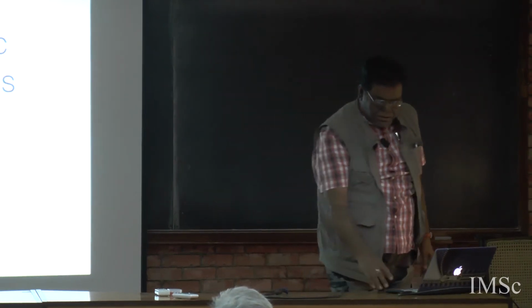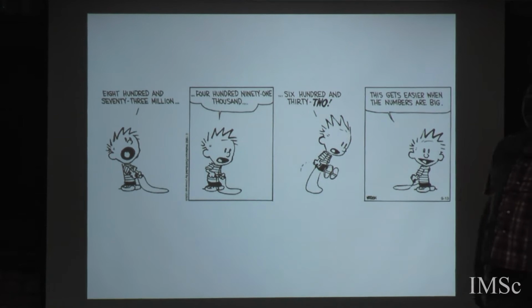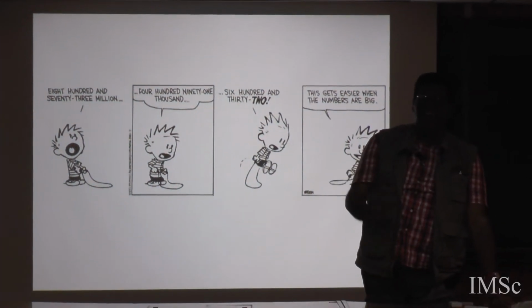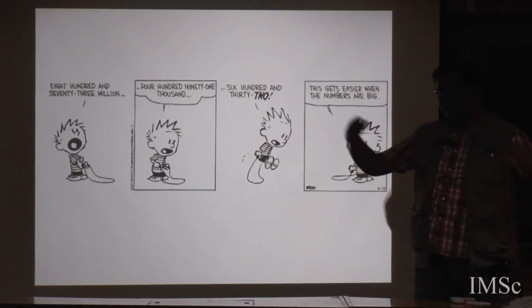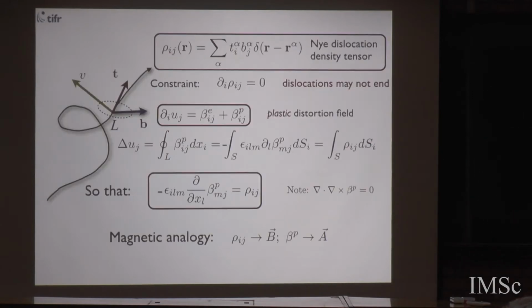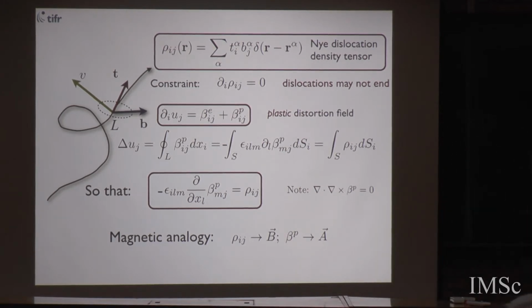Okay. So as I said last time, certain things when you look at them singly are difficult to handle, but when the numbers are very large, things somehow become easier. So the first thing that we have to define here is the so-called dislocation density tensor.